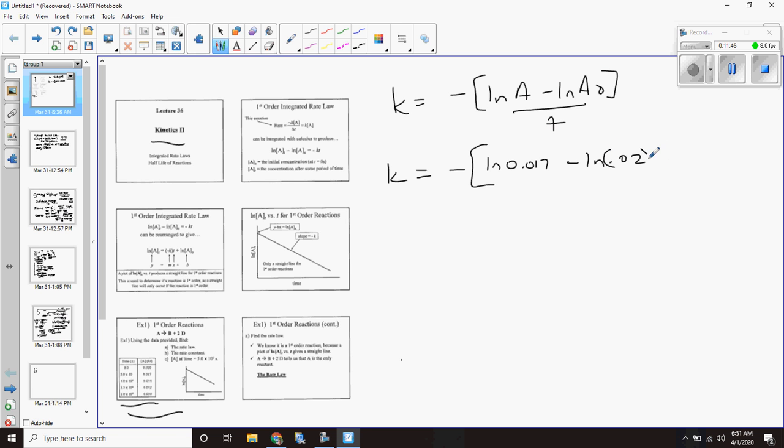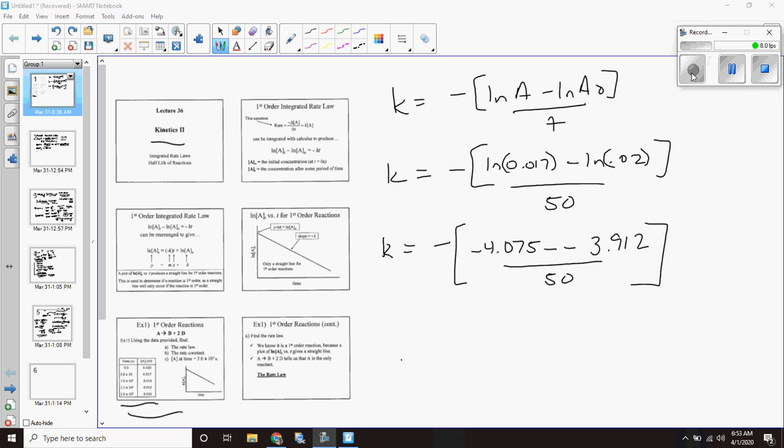I'm getting a little bit sloppy in my handwriting here. I am really sorry. And then this whole thing is going to be divided by the time we're picking, t at 50 seconds, or 5 times 10 to the 1, I guess. So 50 seconds. So plug in some numbers and let's get some answers.